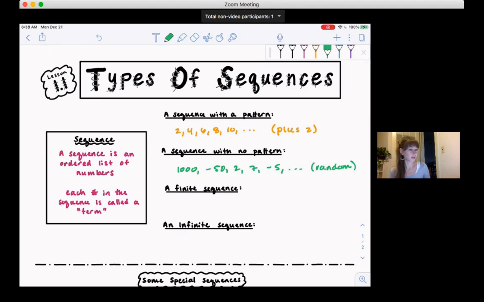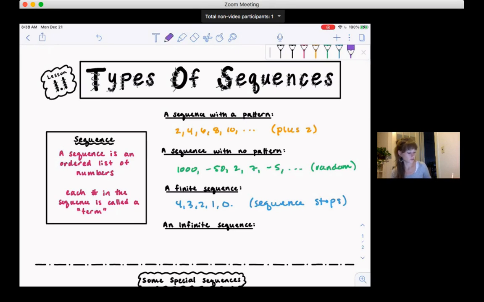Sequences might be finite, which means that they stop. So if you have just a limited number of terms in your sequence, like 4, 3, 2, 1, 0, stop, that's a finite sequence because it cuts off, it doesn't continue. Or sequences might be infinite, which means that they never stop, they continue forever and ever.